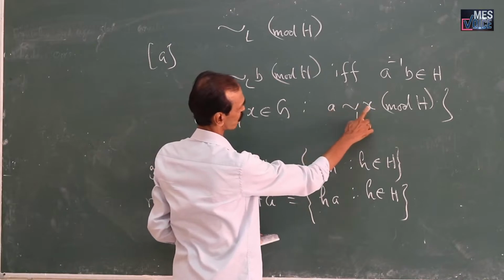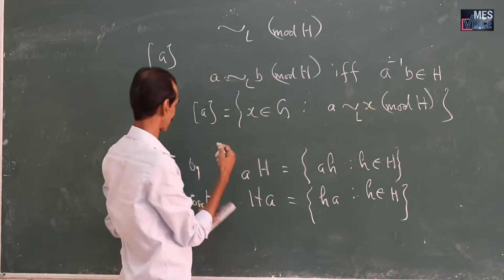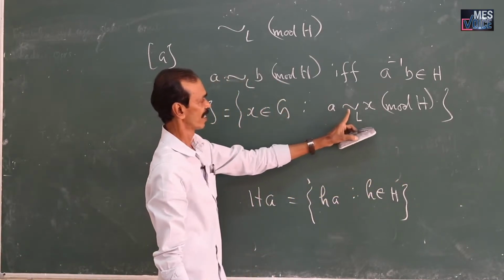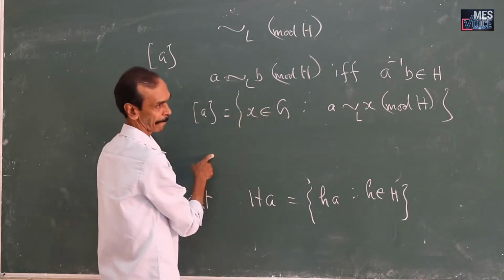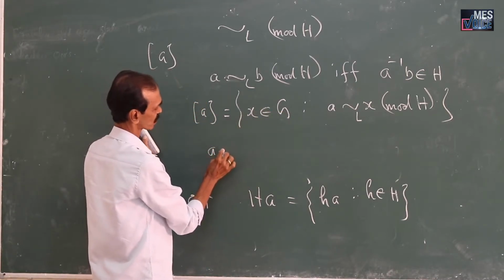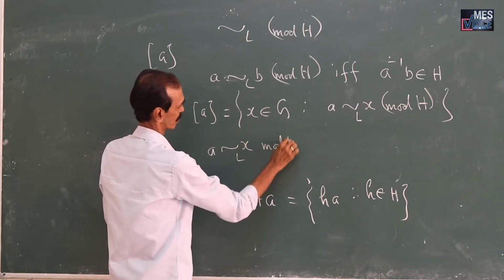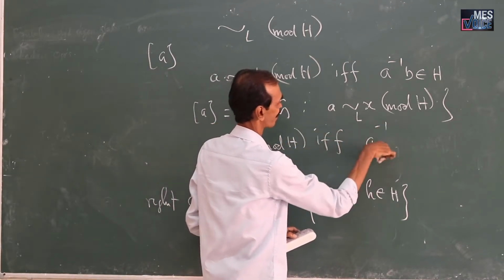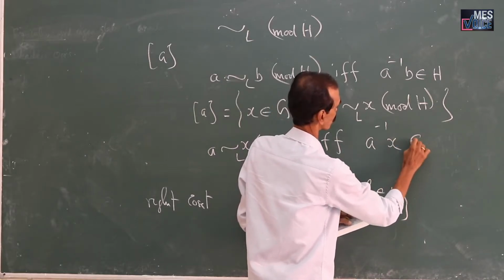According to the definition of that congruence relation, A is left congruent to x mod H if and only if A inverse x belongs to H.